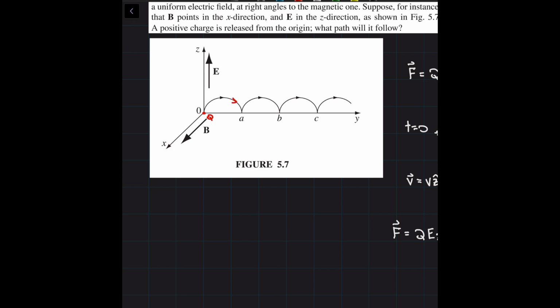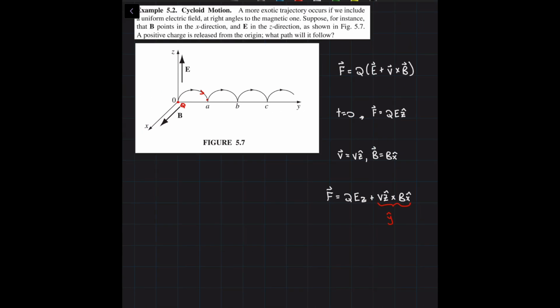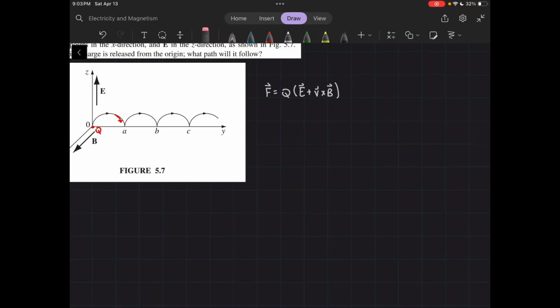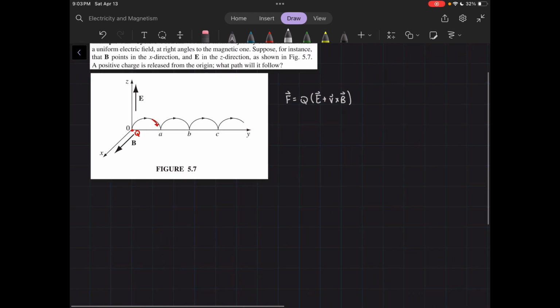And at this point, it's opposing the electric force pointing in the positive z direction, which is why it kind of stops, and then the cycle repeats itself. So now we can go about this a little more quantitatively. We know that in this case, the motion is only in the yz plane. It's not moving in the x direction.